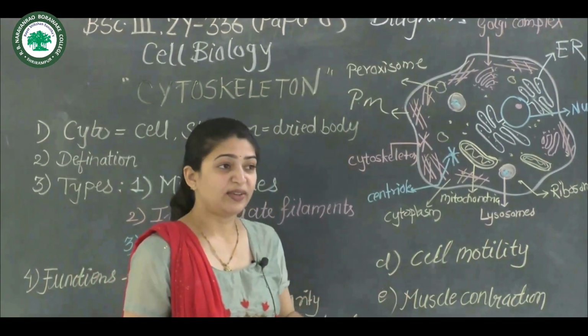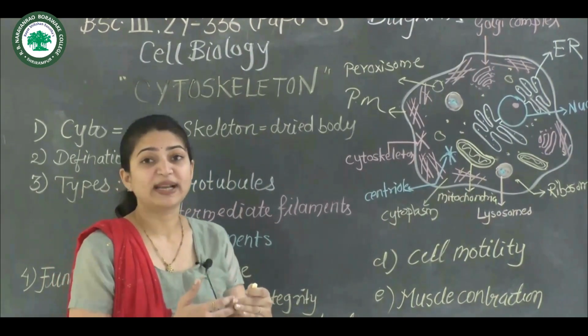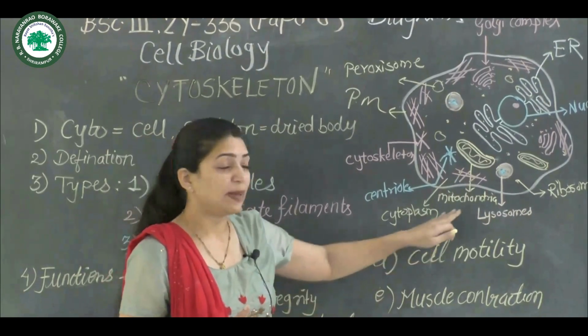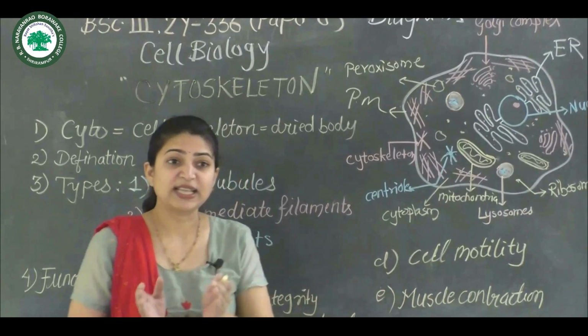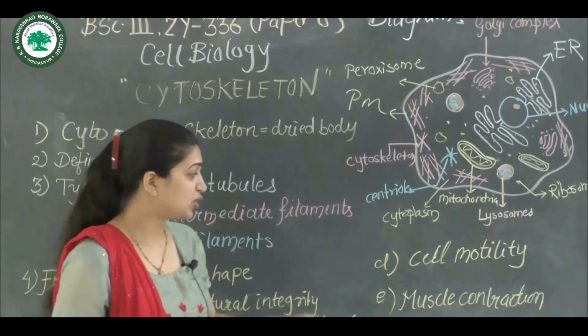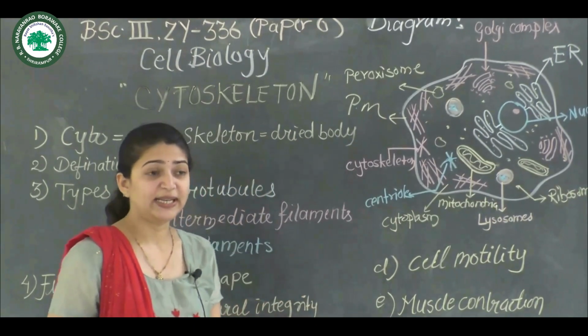Also I have told you that to make the cell motile, or to give movement to that cell, the cytoskeleton elements are helping to carry the cell from one place to another. Also there is one more important factor about the cytoskeleton.